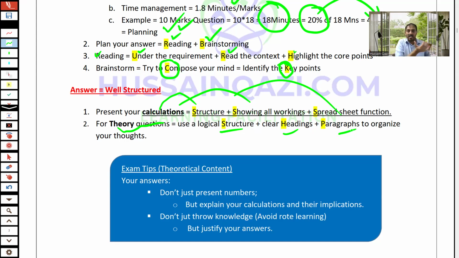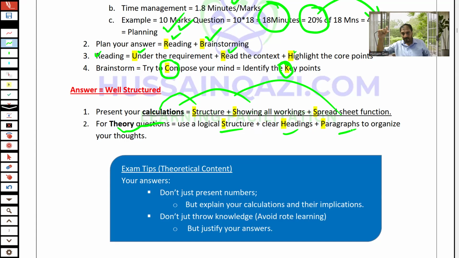For example, the examiner is asking about Islamic finance and application. What should you do first? Initially start with the basic knowledge and save your marks. 1 mark for knowledge and 1 mark for application. So logical structure means knowledge, then application.